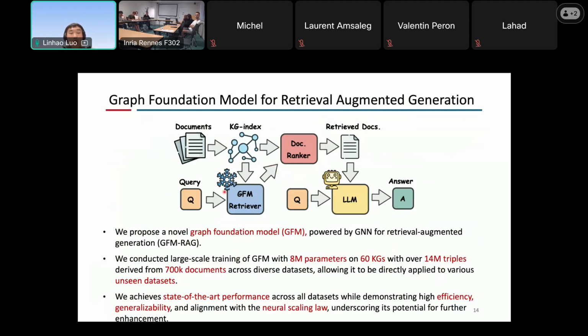It can be directly applied to an unseen knowledge graph without any training, and it shows very good performance retrieving the relevant knowledge. What's more, because we claim it as a foundation model, it follows the neural scaling law, which means its performance will increase with more training data and even larger parameter size.